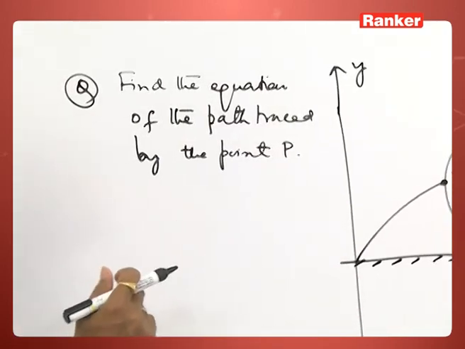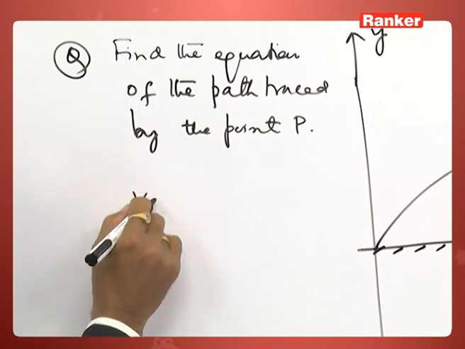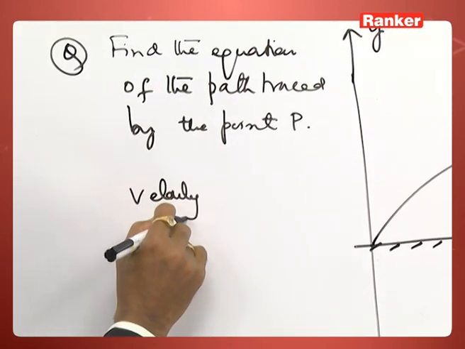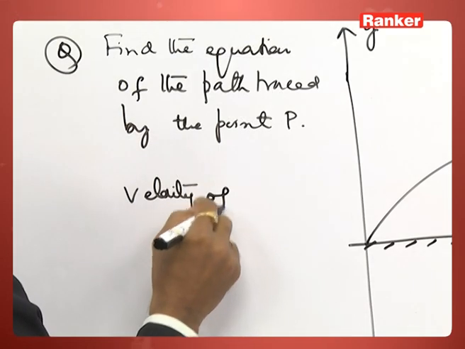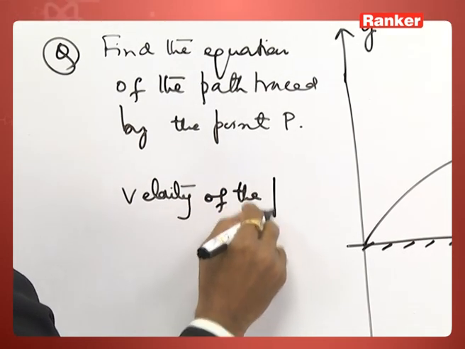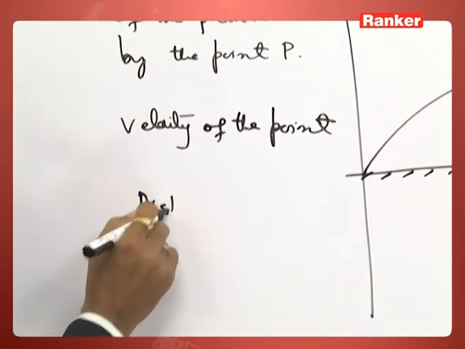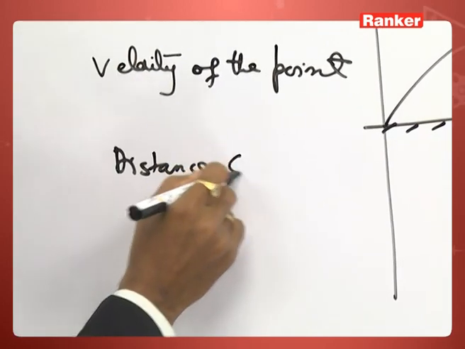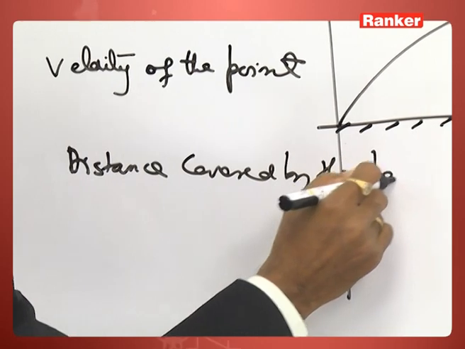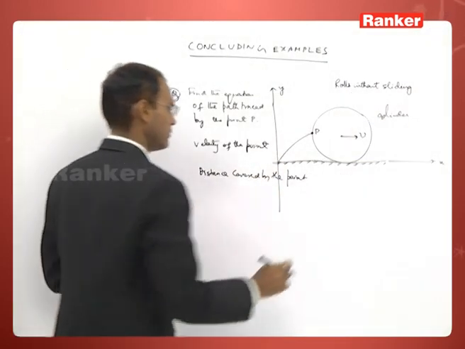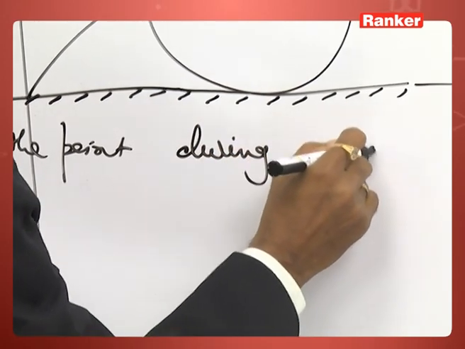After that, you can also calculate velocity of the point, distance covered by the point during one rotation.